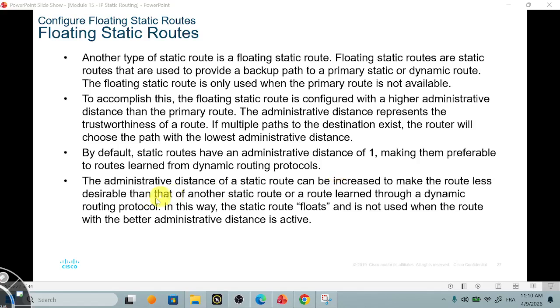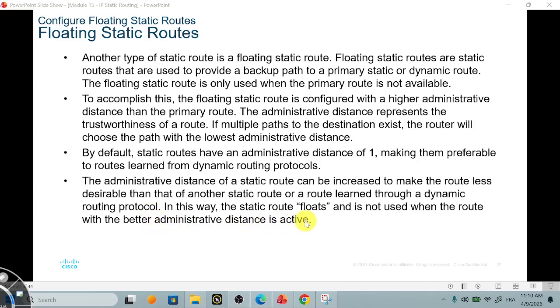The administrative distance of a static route can be increased to make the route less desirable than that of another static route or a route learned through a dynamic routing protocol. In this way, the static route floats and is not used when the route with better administrative distance is active.